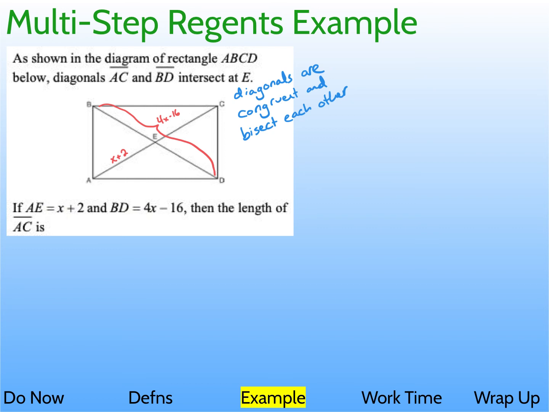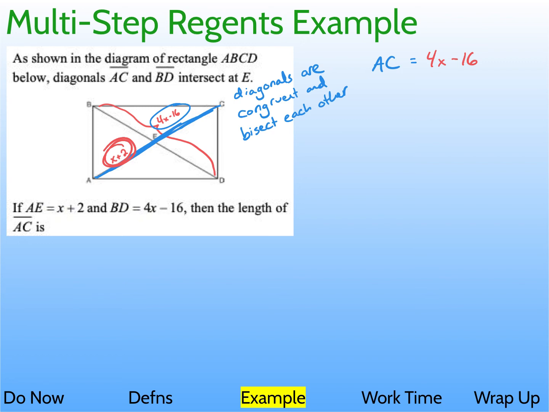So specifically, if we're looking at AC, we know that this equals 4x minus 16. So essentially, we have AC equals BD, which is represented by 4x minus 16. But how big is AC? We know that half of AC is x plus 2.